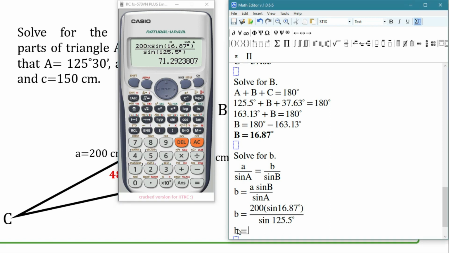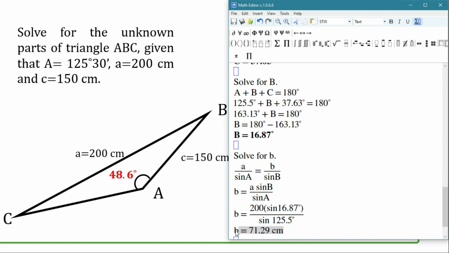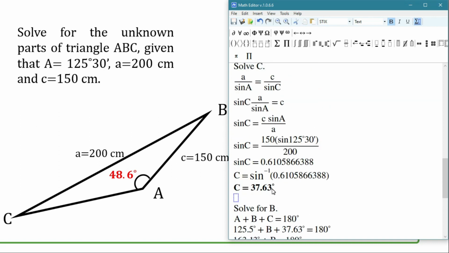Again, rounded off to the nearest hundredths, that is 71.29 centimeters. That is according to our law of sine. There you go. So, we have just solved for the values of the unknowns of an oblique triangle given two sides and an angle opposite one of them. So that is the law of sine.